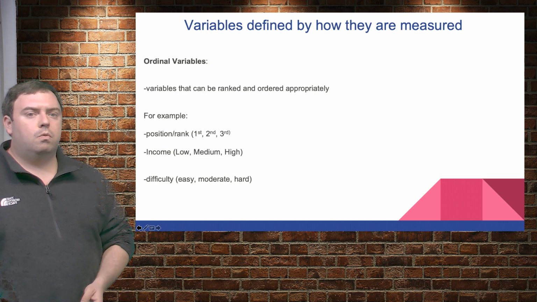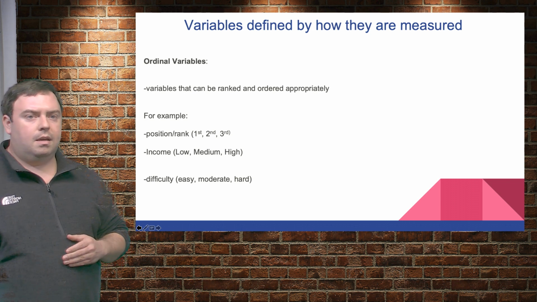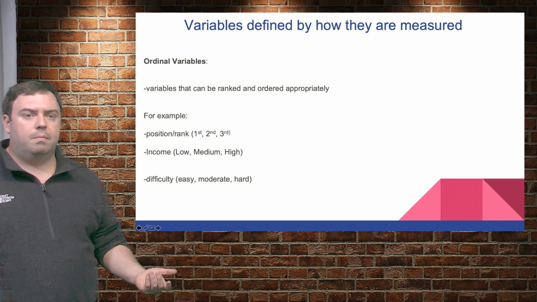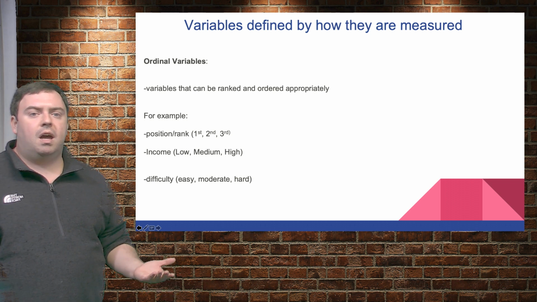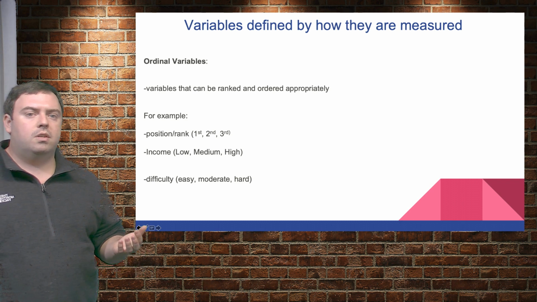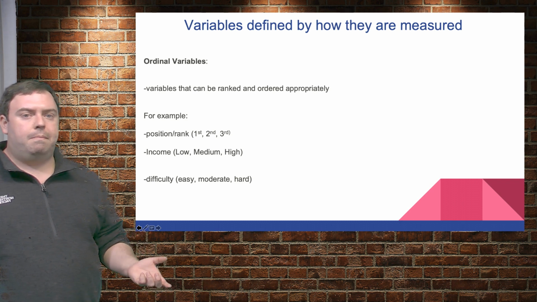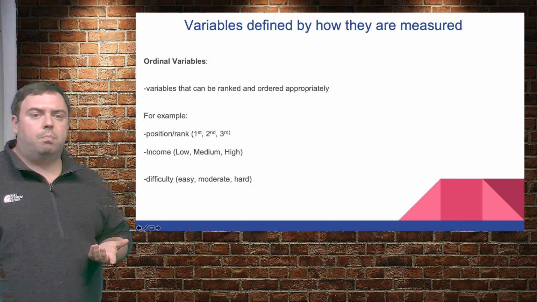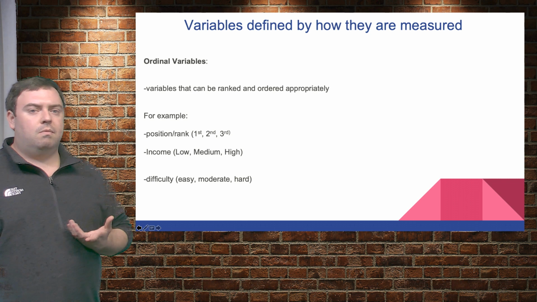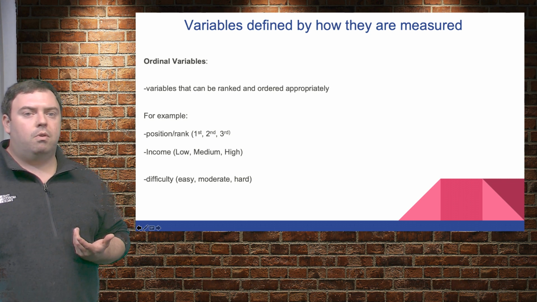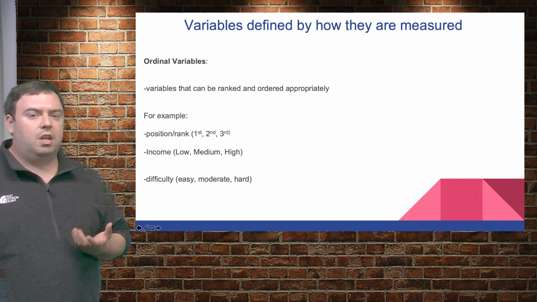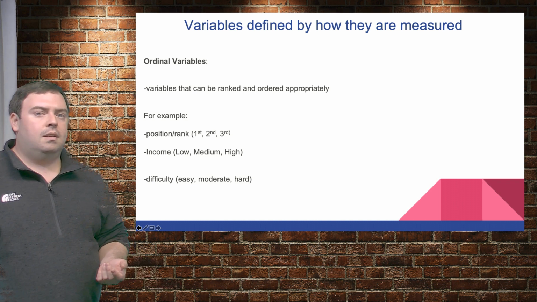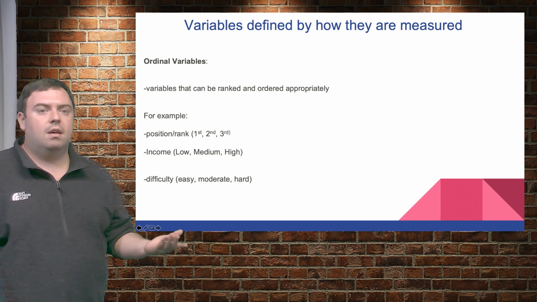Ordinal variables would be variables that you can rank and order appropriately based off their rank. They have some kind of position and an order in terms of least to greatest based off that position. The most traditional ordinal variable that we consider as young people is maybe position in a race, or position in a line, or class rank.